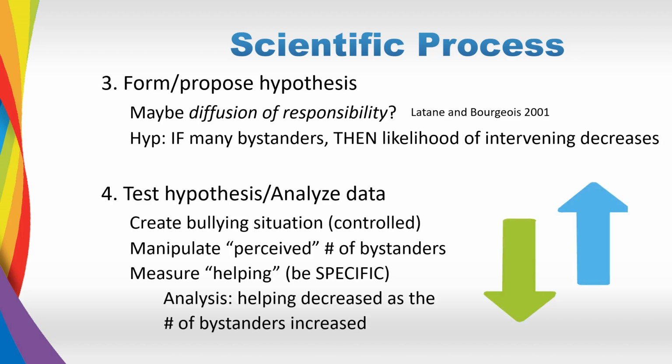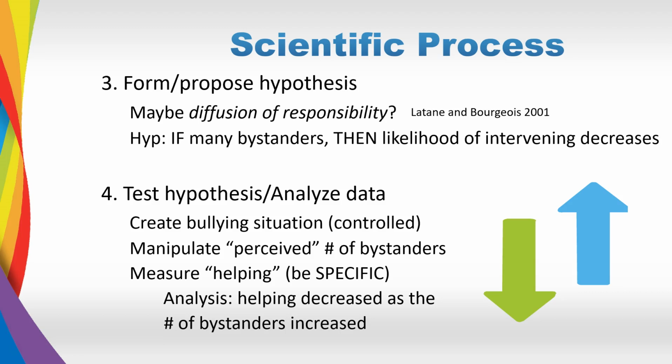So what we can do then is we can create some kind of a controlled bullying situation. And I say controlled because you make it a mock situation, so nobody's really getting hurt. But then you can manipulate the perceived amount of bystanders. I say perceived because you might have some people that are in on it.